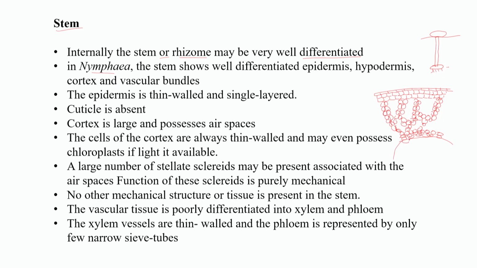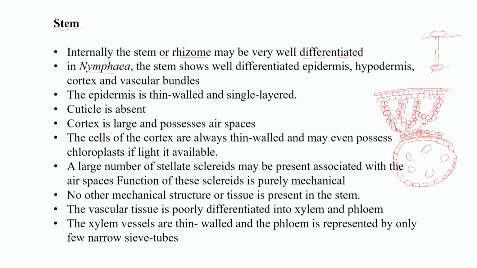So in the endodermis also, clear endodermal cells you can see. So you can see vascular bundles also. Depending on what type of plant it is, the vascular bundles will be as such.